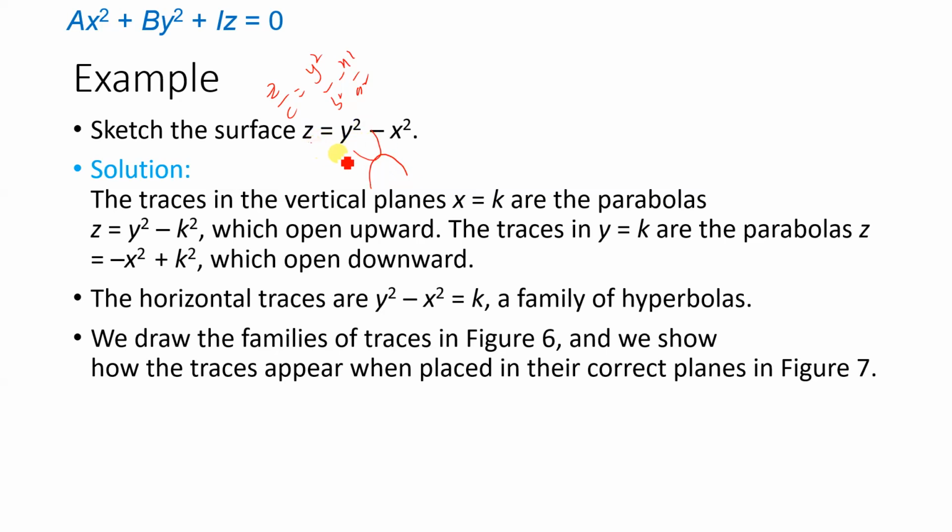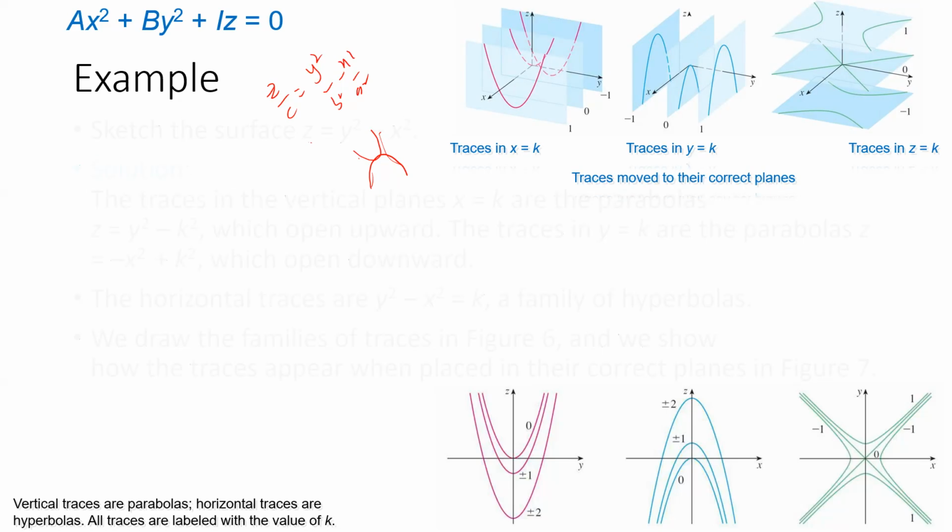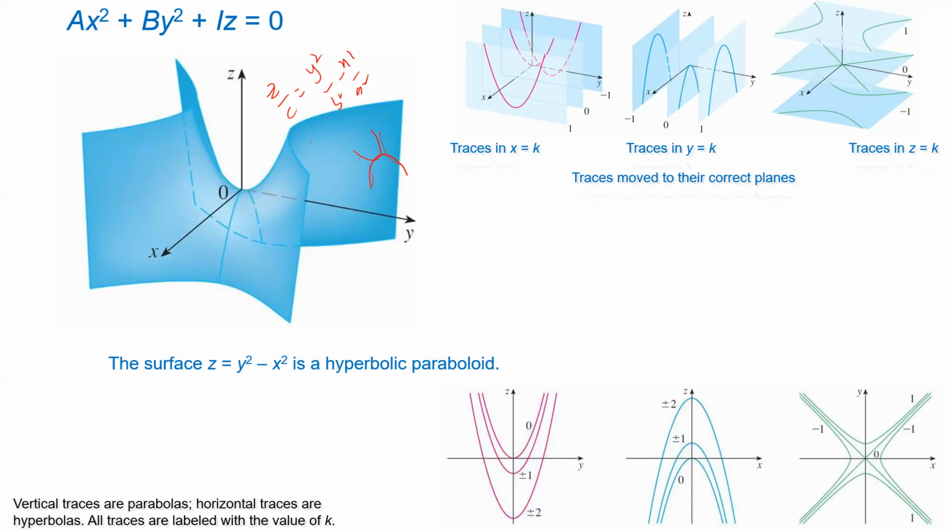And the horizontal traces are hyperbolas. So this is called hyperbolic paraboloid.